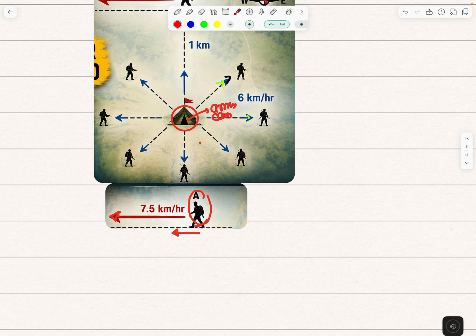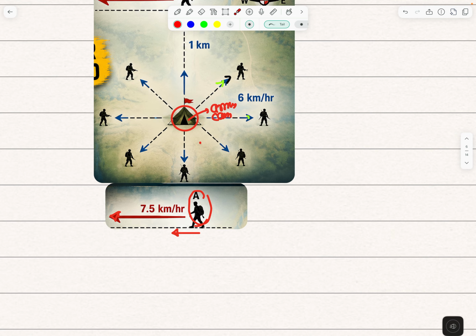Okay, so what they are asking you, what is the minimum separation between terrorist and army? So you will see that the army person can never catch him, because the speed of the army person is 6 km per hour and the speed of the terrorist is 7.5 km per hour. So army person will not be able to catch him.